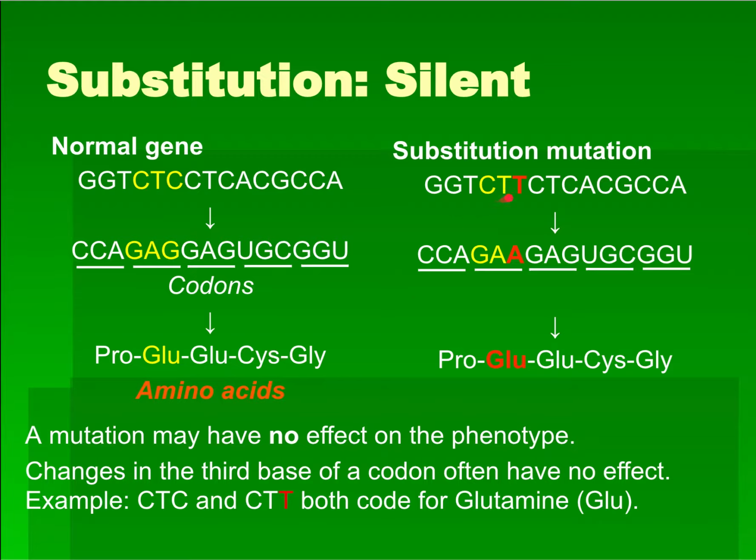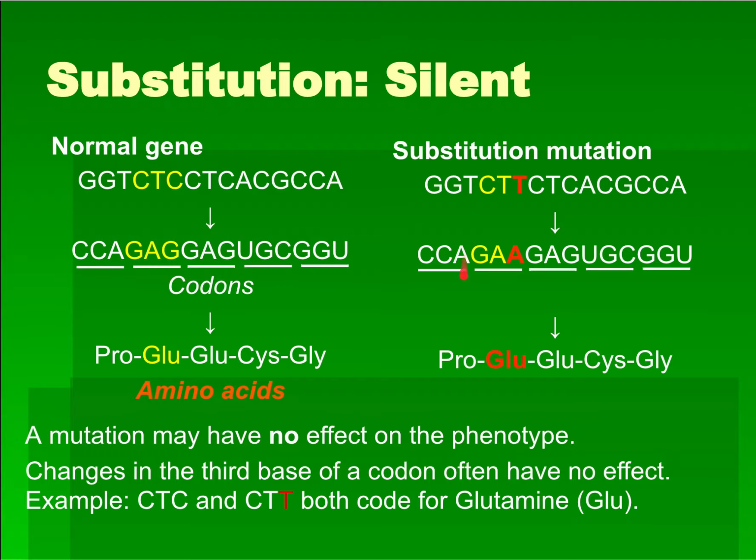But with this silent mutation, we did have a change in a nucleotide when we were transcribing. You can see that this C has turned into this T, and also our codon has changed. Our codon is now GAA, and our original one used to be GAG.